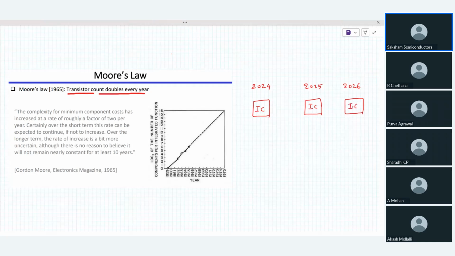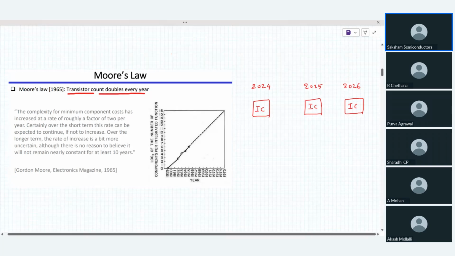Of course, the year of manufacturing, but most importantly, the number of transistors. So if the IC designed in 2024 has 100 transistors, the IC in 2025 would have 200 transistors, and in 2026, 400 transistors, so roughly double the previous year.